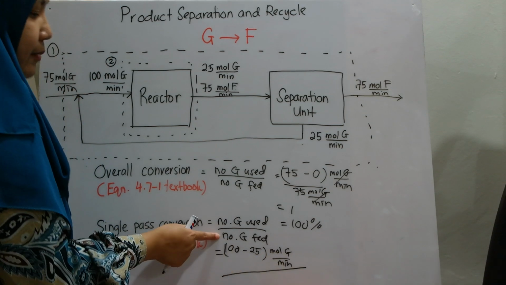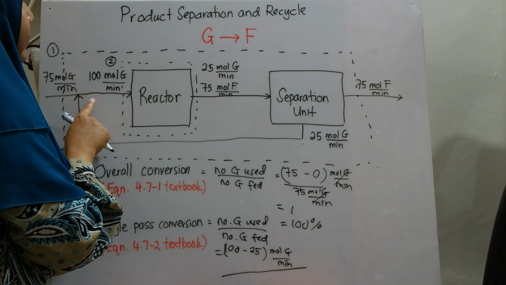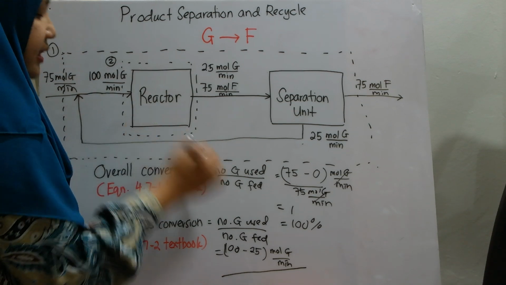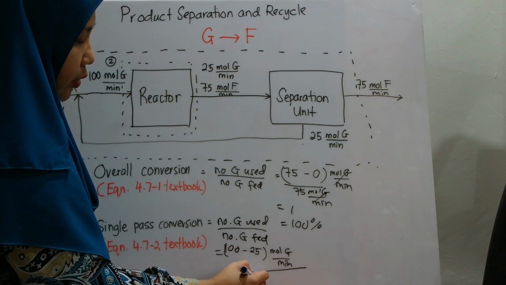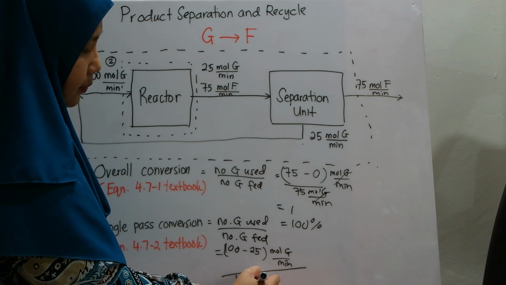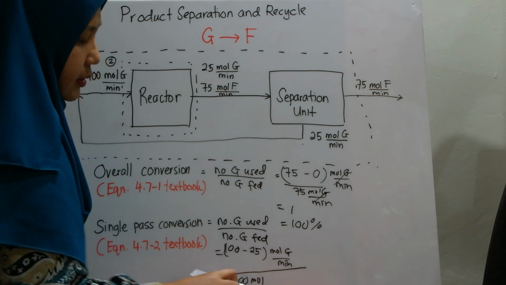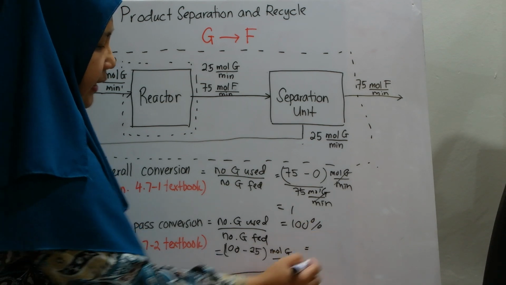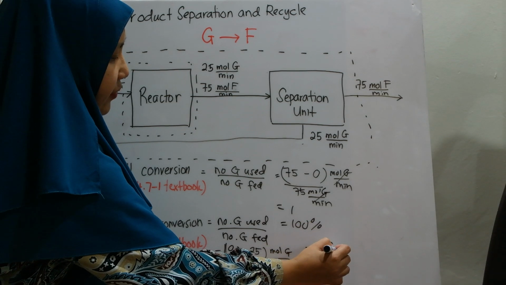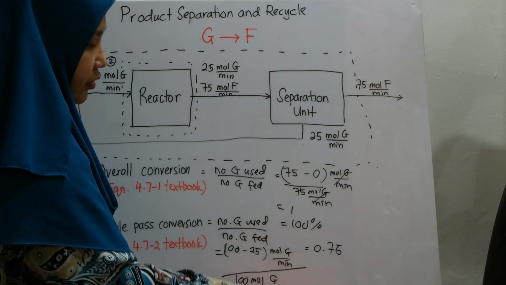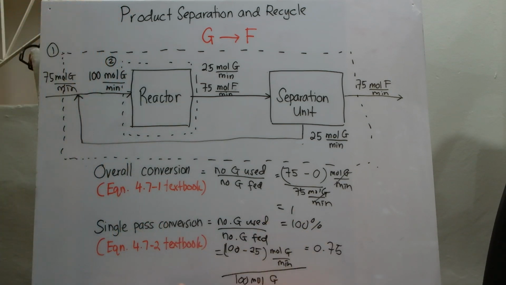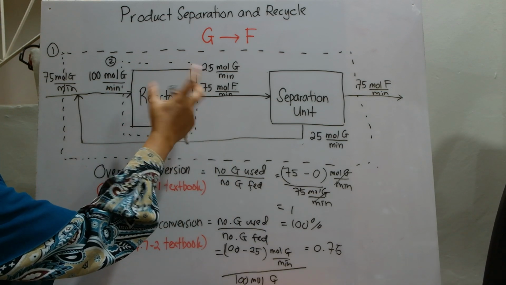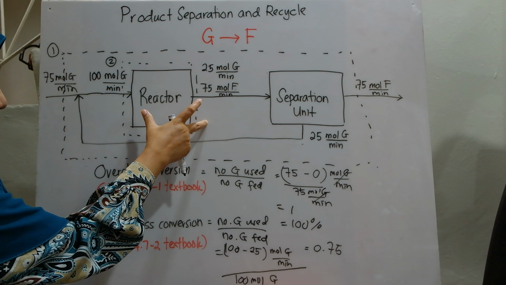Divided by the number of G fed into the reactor, which is 100 mole per minute, we get 0.75, or 75%. From the reactor, the G conversion is only 75%.